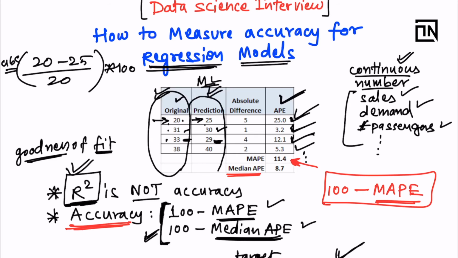Similarly, you can get an overall summation of the prediction column. So 20 plus 31 plus 33 plus 38 evaluates to 122. And if you add up the predictions 25, 30, 29 and 40, it adds up to 124.